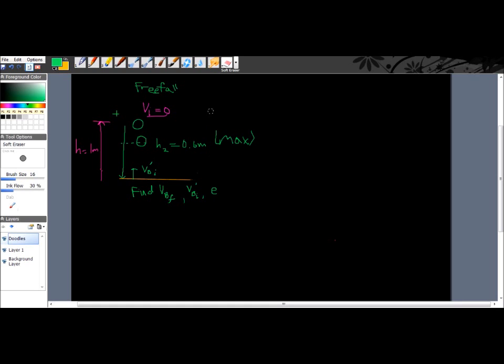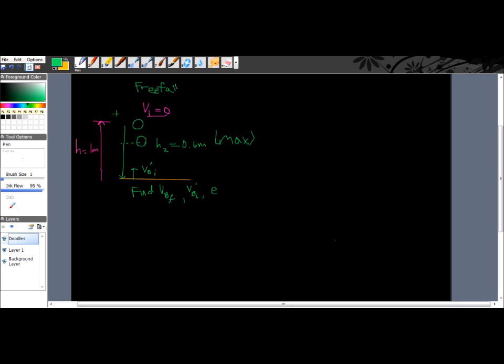In this problem, we're going to have a bouncing ball from a height of 1 meter. It hits the ground with a velocity of VBF, and it rebounds with a velocity VB prime I, and it reaches a max height of 0.6 meters.